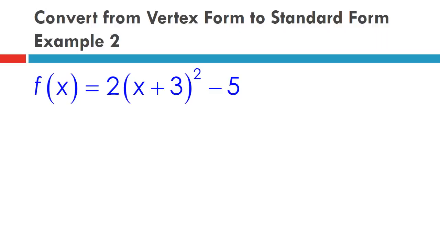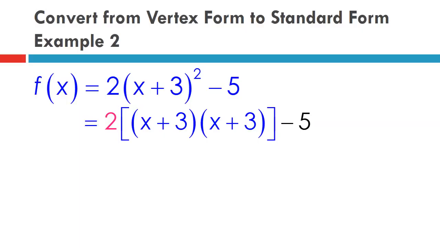All right, now to convert from vertex form to standard form, we would do the exact same thing here. So we're going to allow you a chance to do it. So if you see, we have the number out front this time, but we still have x plus 3 times x plus 3 on the inside.